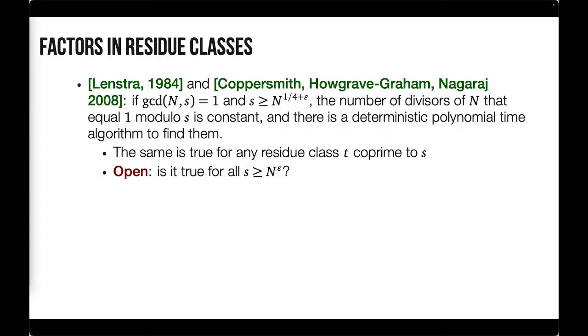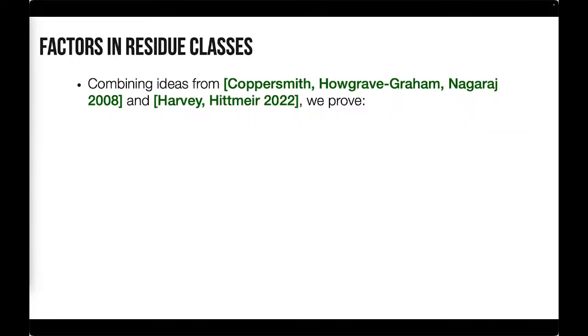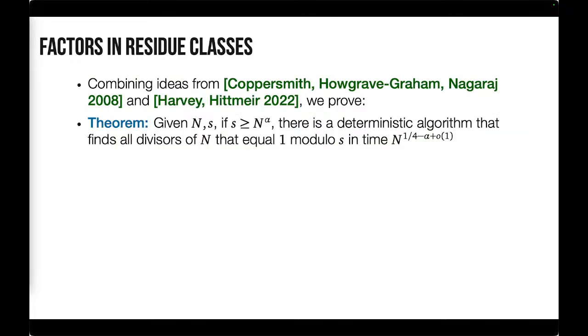Okay, great. So if S in our case was about D, the order we are trying to shoot for, and D was at least N to the 1/4, we can just use this. But we sort of generalize it, and we can prove that if S is at least N to the alpha, for any constant alpha, at most 1/4, then you can get a deterministic algorithm that does the same thing.